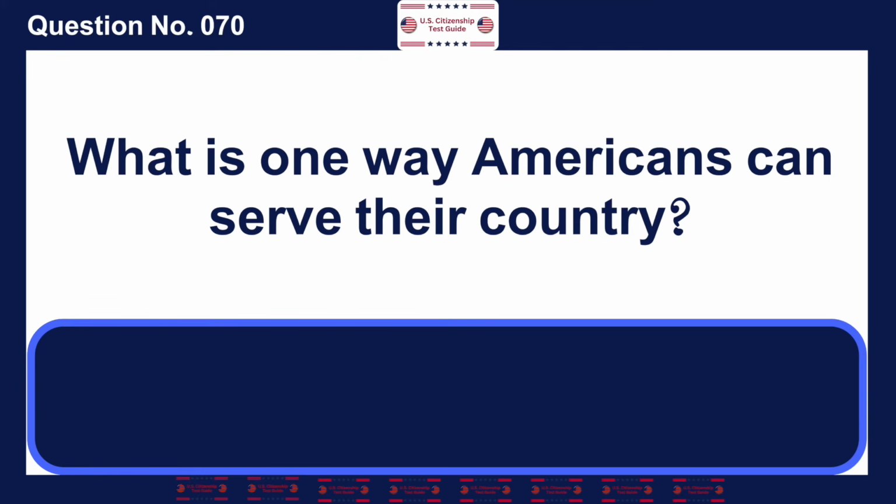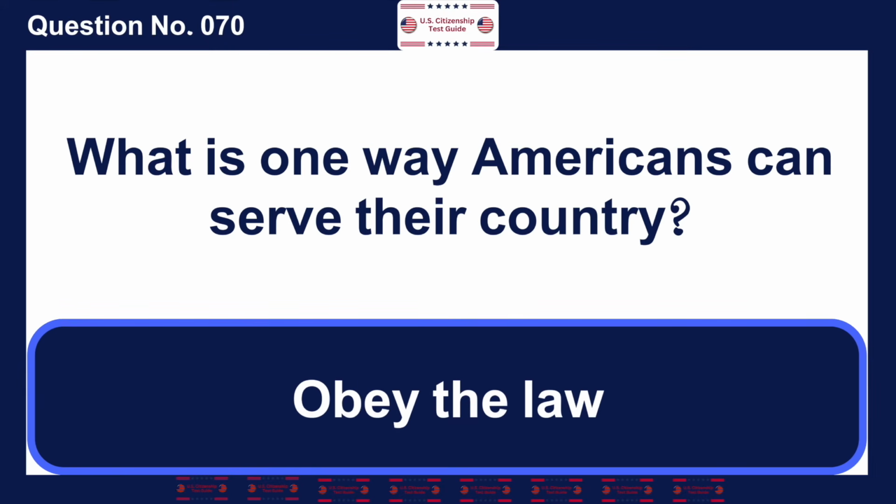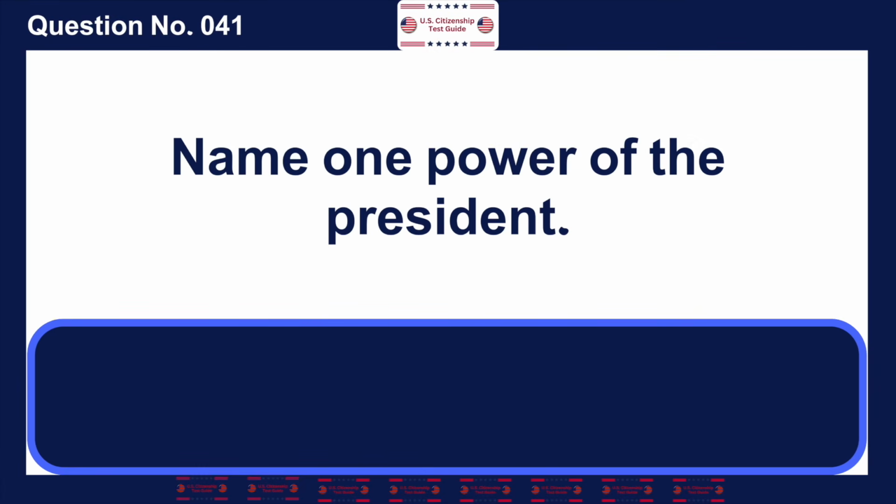What is one way Americans can serve their country? Obey the law. Name one power of the President. Vetoes bills.